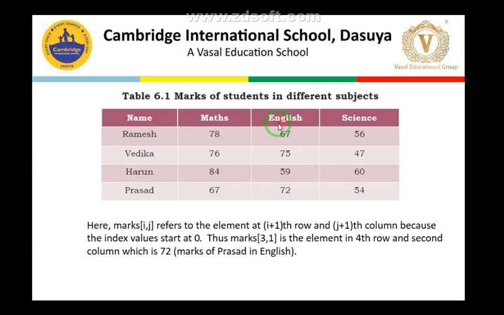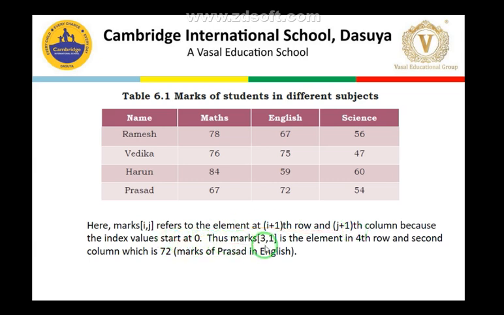Ramesh's English marks are represented by 0 1, but this is the first row and second column. So that's why we increment by default the row value by 1 and also the column value by 1, because the index is starting at 0.